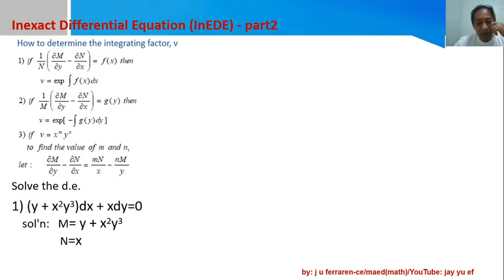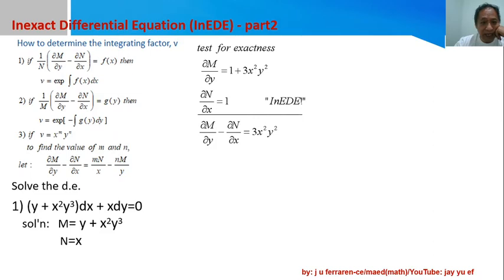Now differentiate your M partially with respect to y. The derivative of y with respect to y is 1, and y cubed becomes 3y squared. x squared is a constant factor. So the partial derivative of M with respect to y is 1 plus 3x squared y squared.